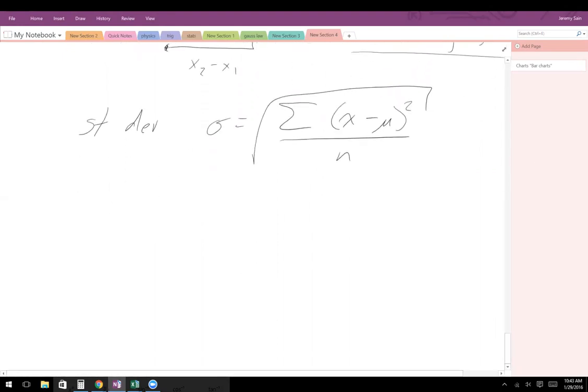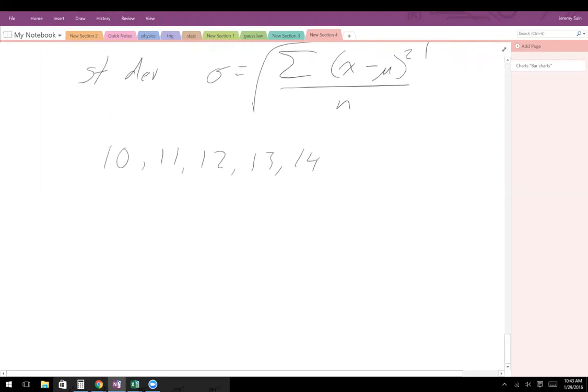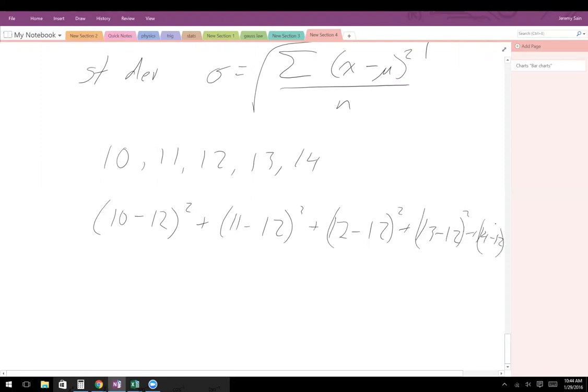Let's just do the one I just did. I had 10, 11, 12, 13, 14. What I actually did was 10 minus 12 squared, 11 minus 12 squared, 12 minus 12 squared, 13 minus 12 squared, 14 minus 12 squared, and then square rooted it.